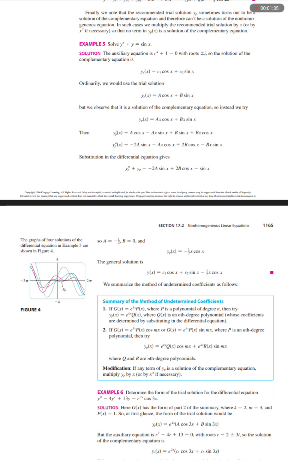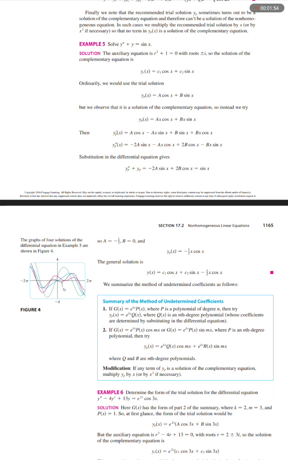Substitution in the differential equation gives y_p'' + y_p = −2A sin x + 2B cos x = sin x.